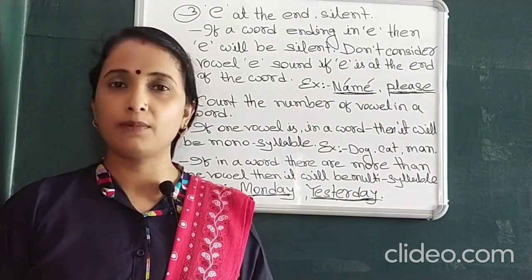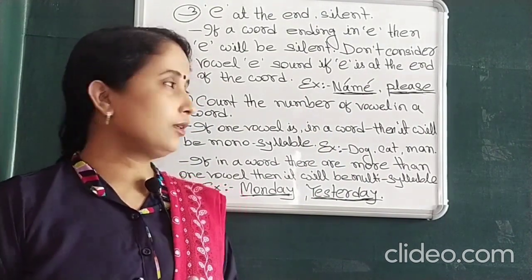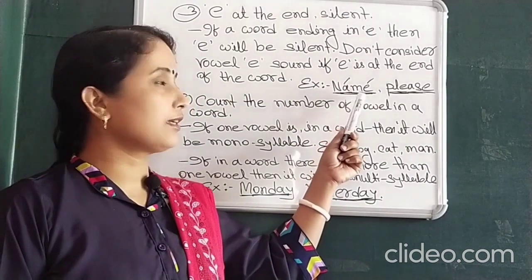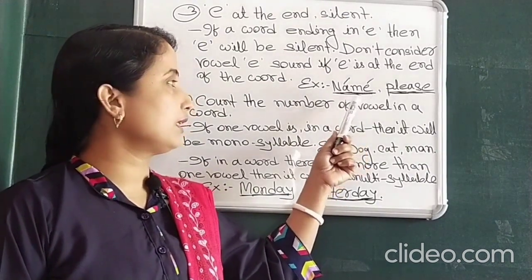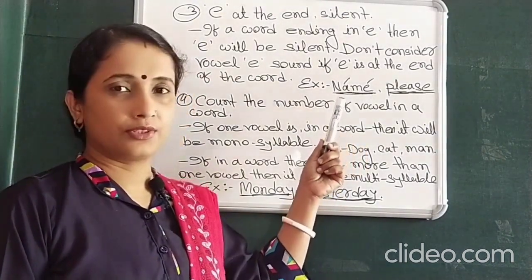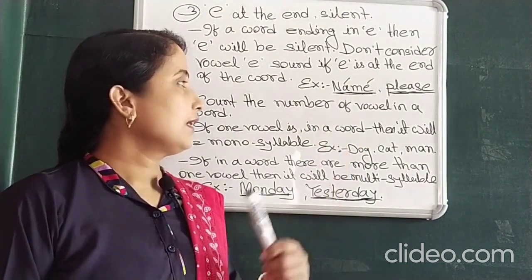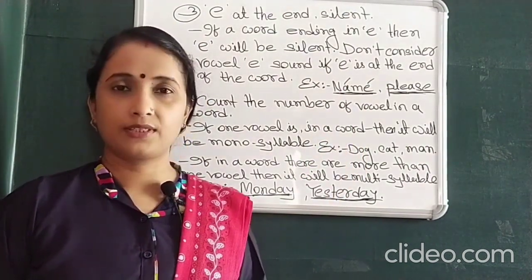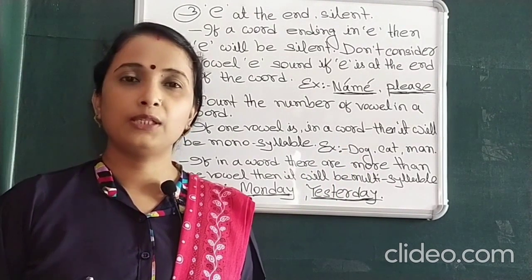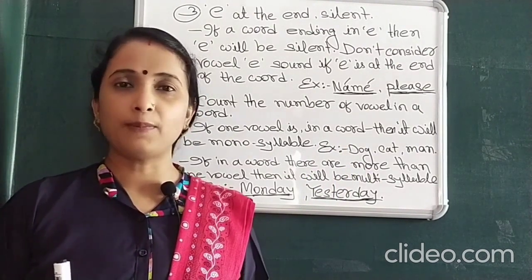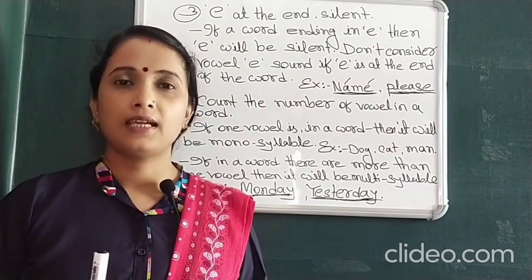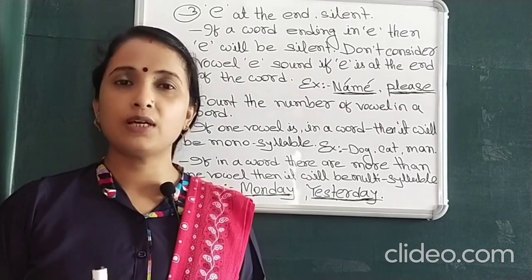We can't consider vowel E sounds. So, in the word name, we only consider vowel A sounds. So, in the word name, here is only one vowel sound, means one syllable. We will pronounce it name. We can't part this word because here is only one vowel, means one syllable.